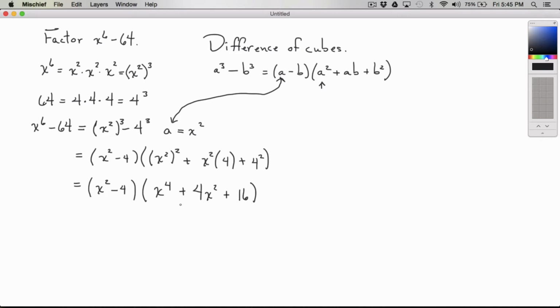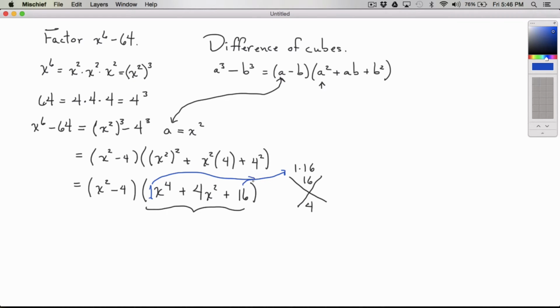A couple things to note. First off, if we were to try to play the game on this problem, we would go 1 times 16, so that would give me a 16 in the top place and a 4 in the bottom place. I'm getting that from my coefficient 1 and my 16 here.